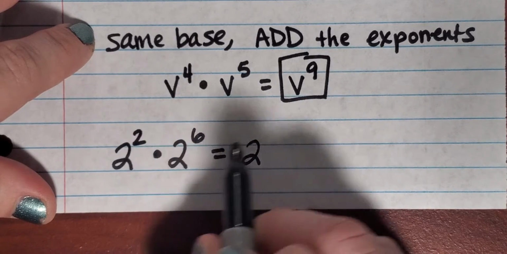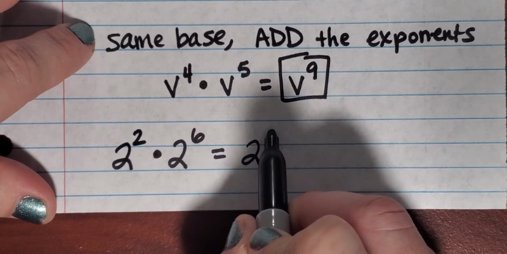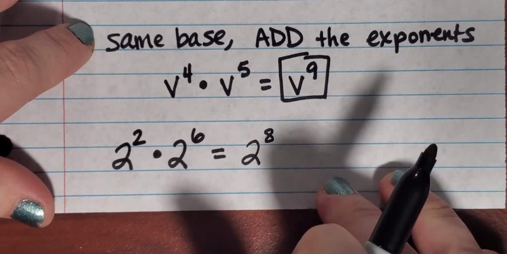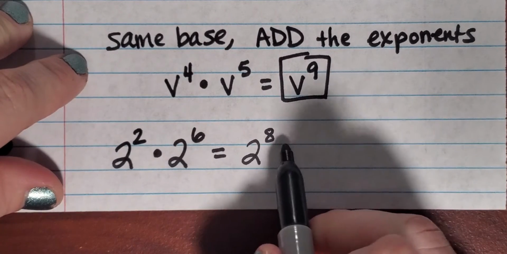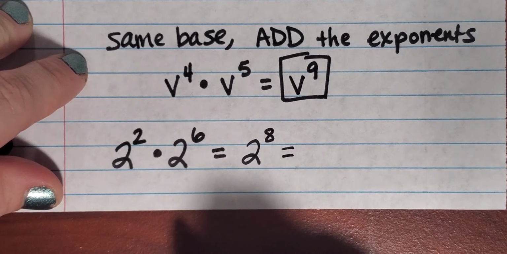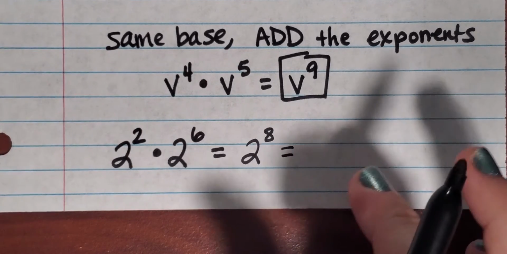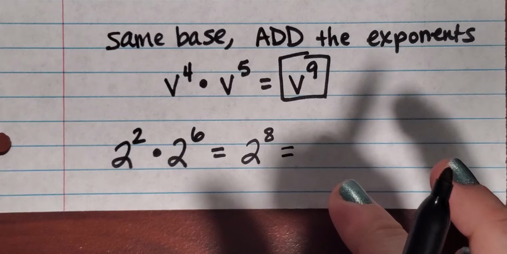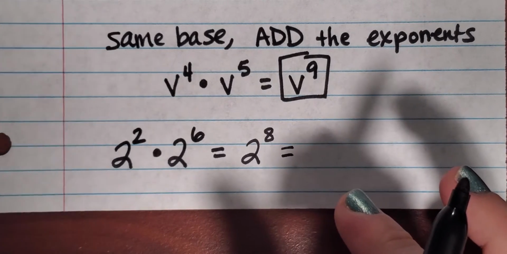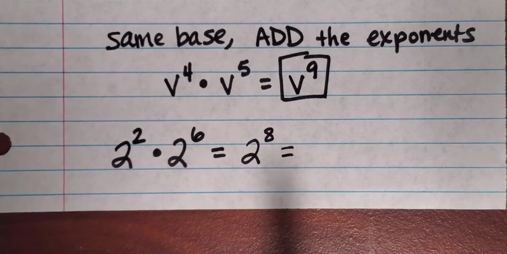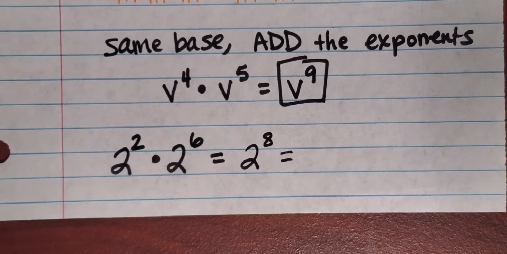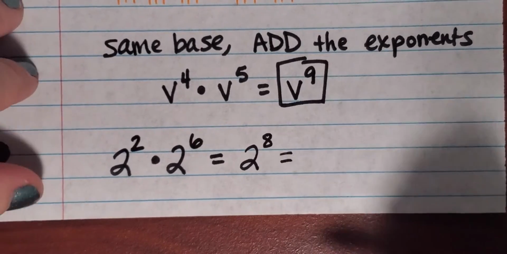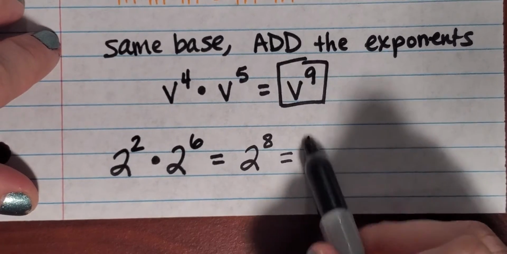My exponents, if I added them, would be 8. And then I would go ahead and simplify what 2 to the 8th power would be, which, it's super early in the morning, so I'm not even thinking straight right now. But I would put that into my calculator and figure out what that answer would be.